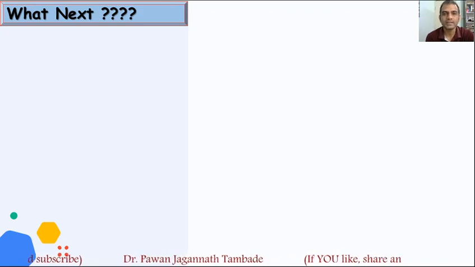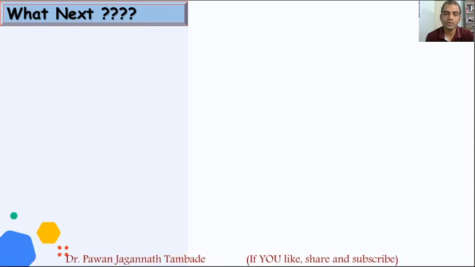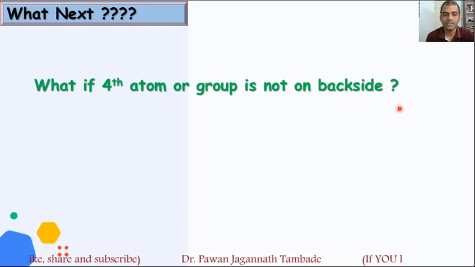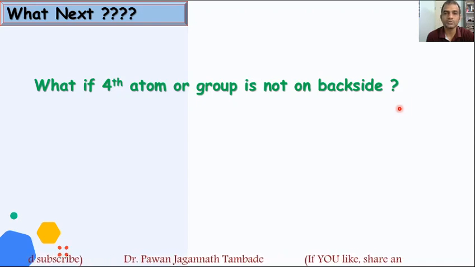Now what is next in this particular topic? Up till now we saw the rules for assigning RS nomenclature to molecules, we saw the priority rules, and we saw some examples where we actually assign R and S configuration to molecules. Now suppose the fourth atom or group is not on the backside, it is either in the plane or it is pointing towards the observer, then in such a case what to do?